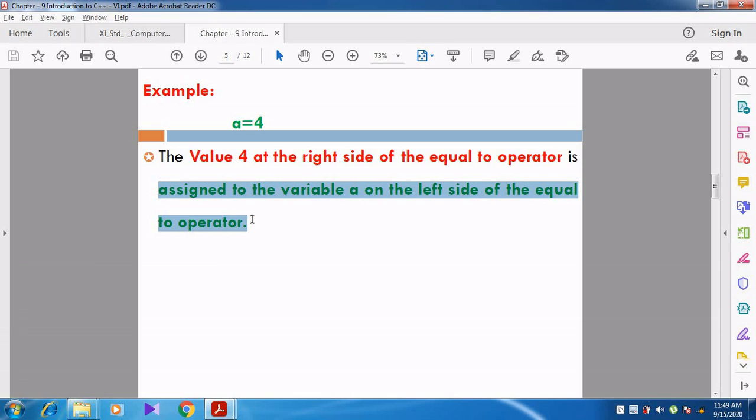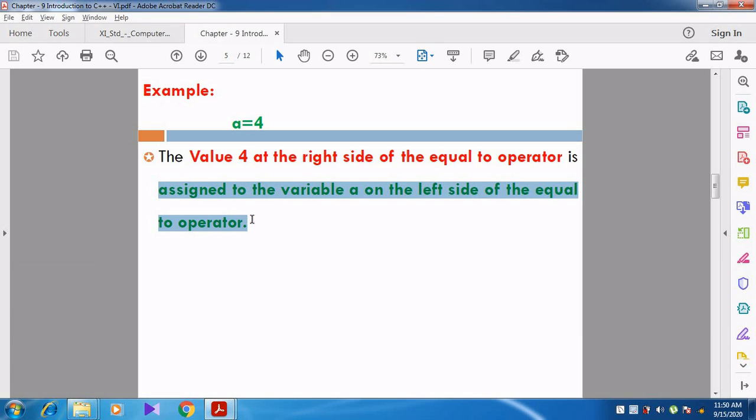Sir, if it is b equal to 10, then what will happen? If it is b equal to 10, the value 10 is assigned to the variable b. Now another brilliant boy will ask: Sir, if it is a equal to b, then what will be the answer? If it is a equal to 4, 4 is assigned to a. If it is a equal to b, is b assigned to a?